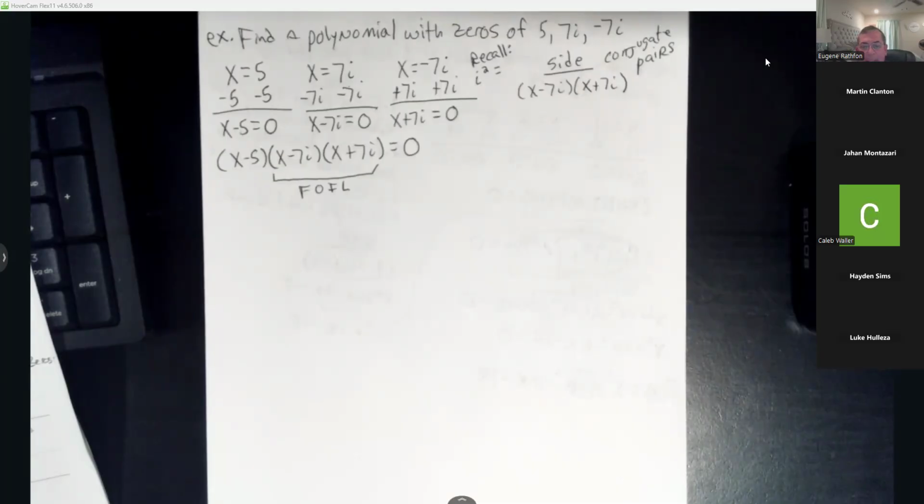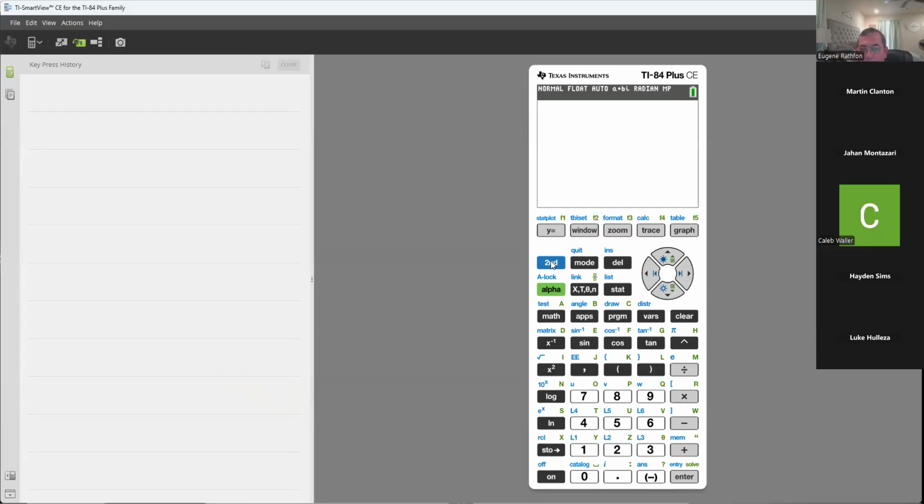I'm going to show you what i squared equals. To get the i, you hit the second blue button and the decimal. You'll see a little blue i above that. So hit the second button and the decimal, and then I'm going to square that. This would be like an i times i, which is the i squared.